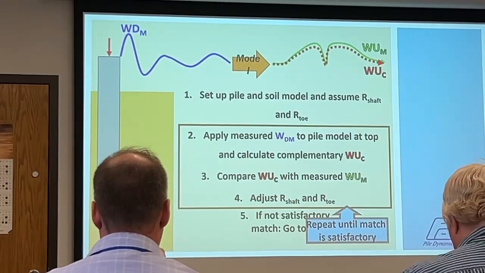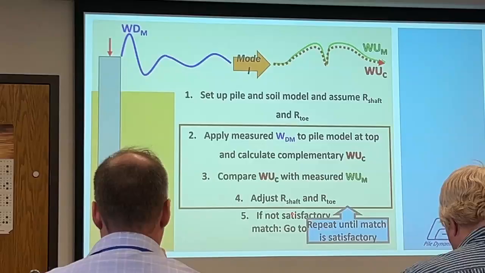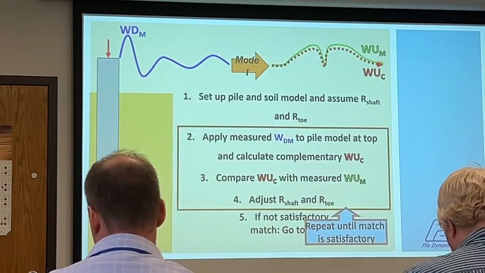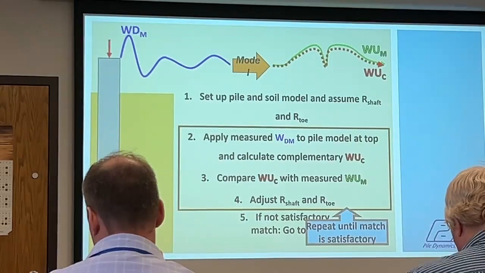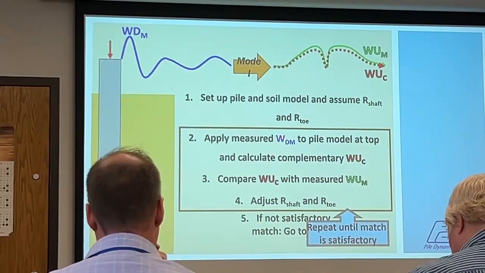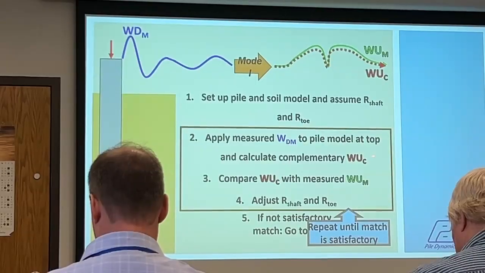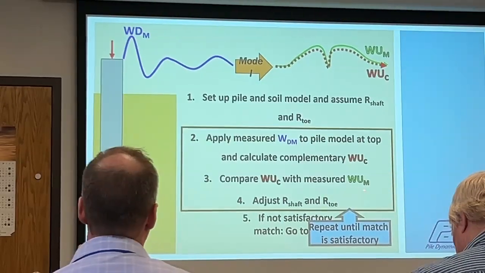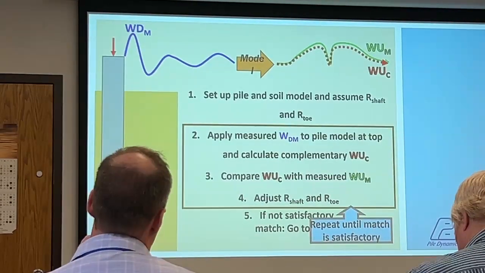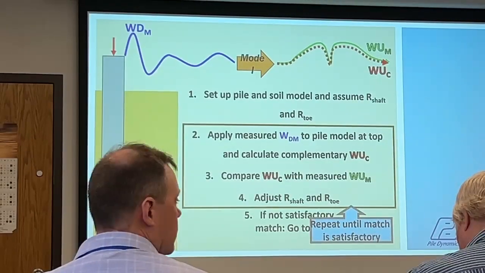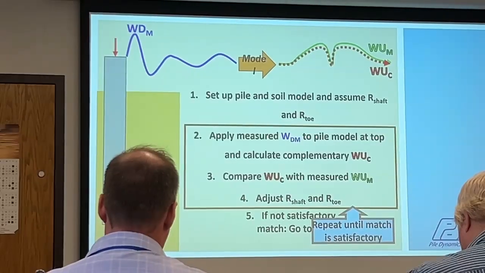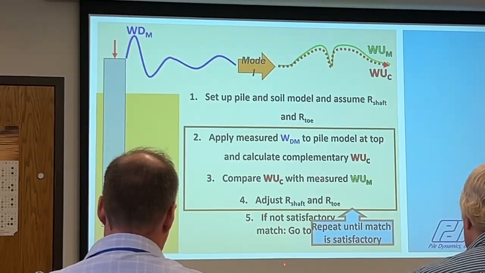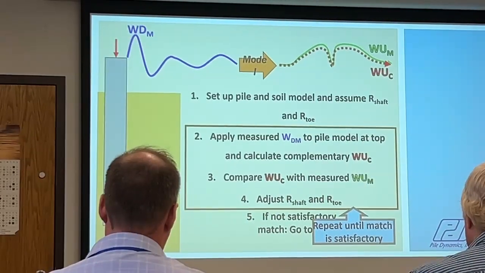That's pretty handy. If the computed and the measured don't match, we make adjustments to our shaft resistance and toe resistance models. And then we apply the measured wave down. And from our measured wave down, we calculate a wave up, we compare it to the measured, and we make adjustments again. And we iterate that several times until we can't get any better. At that point, we just move on.